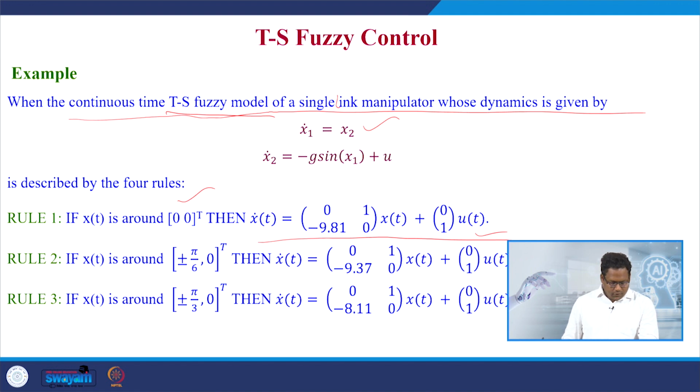And rule 2 states that if x of t is around the point plus or minus pi by 6 and 0, then x dot of t is given by 0 1 minus 9.37 0 x of t plus 0 1 u of t. The point x of t indicates x1 of t and x2 of t, that is 0 and 0.